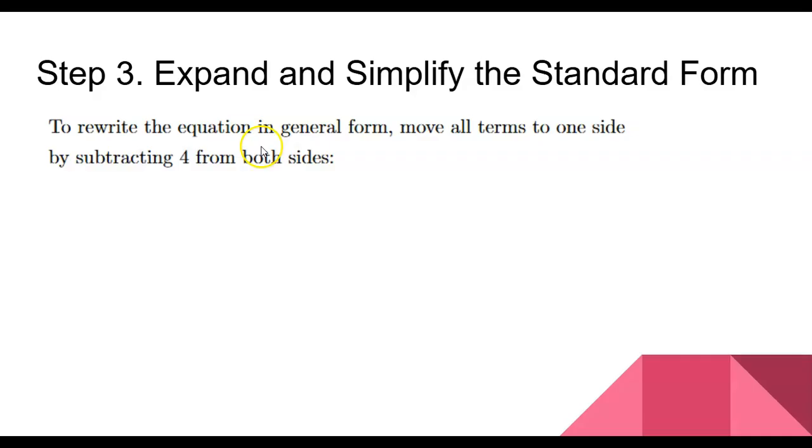To rewrite the equation in general form, move all terms to one side by subtracting 4 from both sides. So again, all terms must be at the left side, and then we only have 0 at the right side. So again, subtracting 4 from both sides. We subtract 4 here at the left, and so we subtract 4 here at the right.